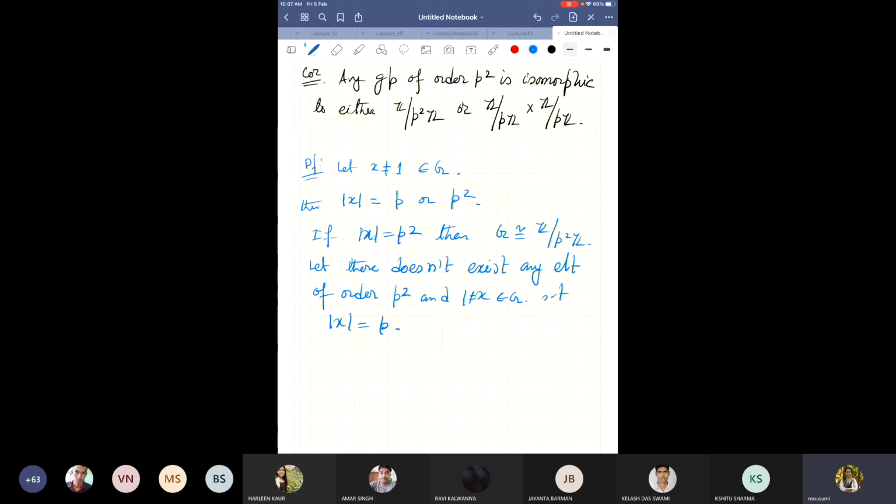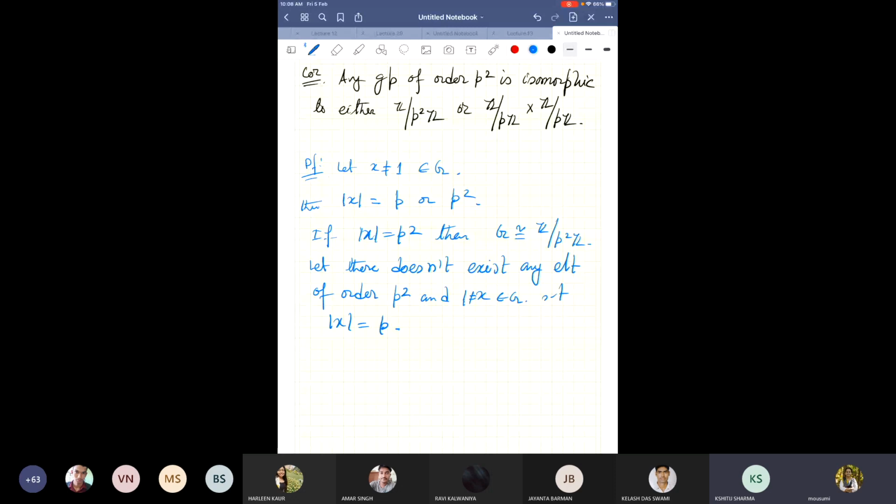If you consider any non-identity element in the group, then its order has to be equal to P, because I am assuming that there does not exist any element of order P square. So all the non-identity elements of the group have order P, correct? Is this fine?